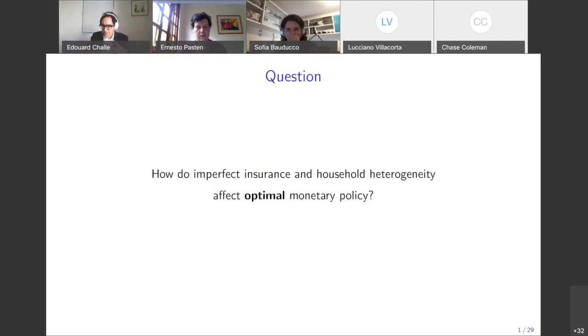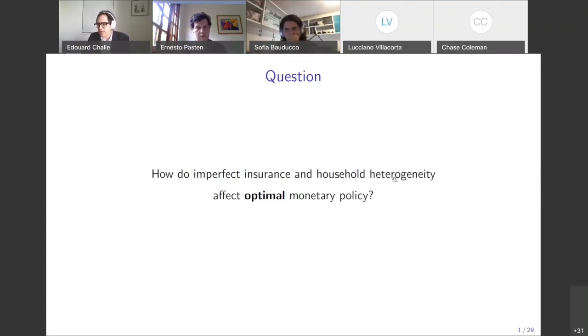So we are able to see whether the lessons from the simple model apply to more general settings. You could have thought that it's been done also for incomplete markets. Well, it turns out that it has not been the case until very recently.